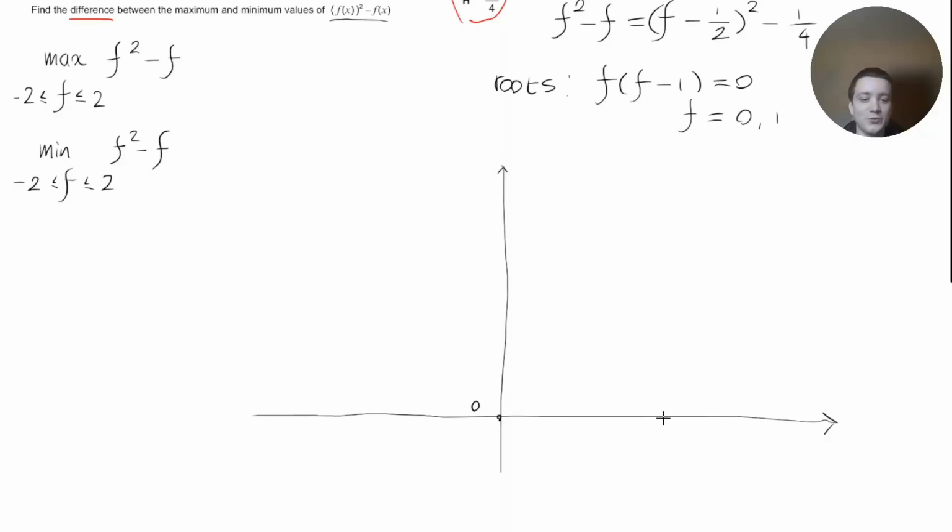So we've got a root at 0 and 1. The x-coordinate of the turning point is going to be a half. So that's right between the roots. And the y-coordinate is going to be minus a quarter. And mark that on.